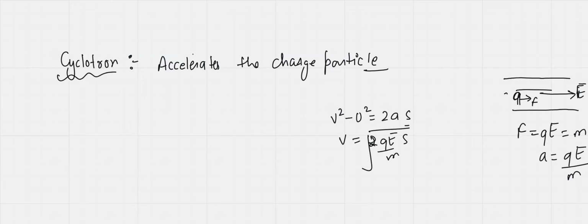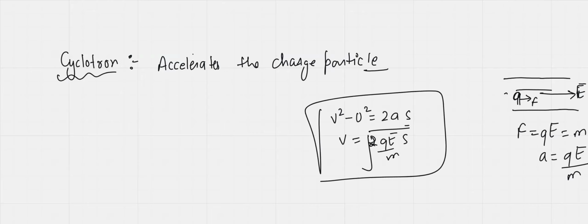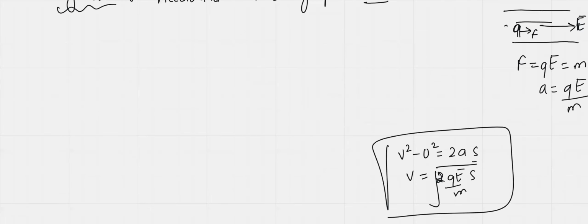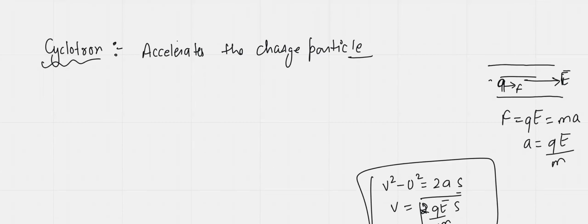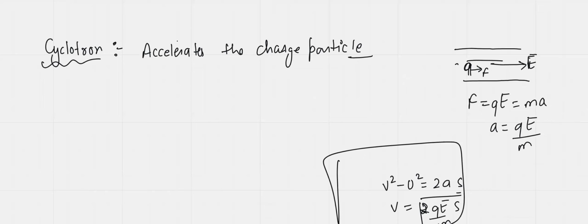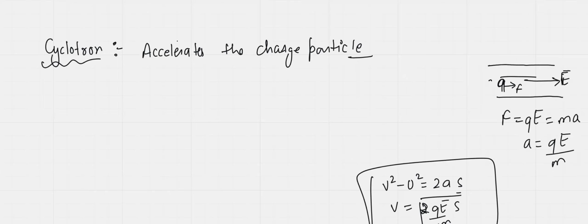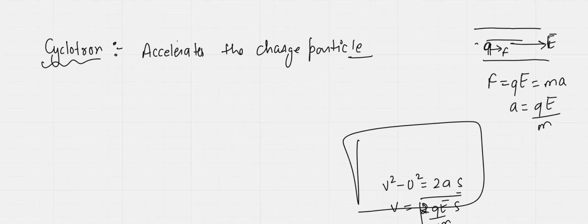This is the velocity it is going to have at the end. These things we are going to use in this cyclotron. Is that clear? So that's why this is an important concept.